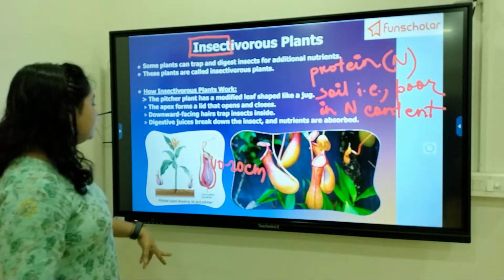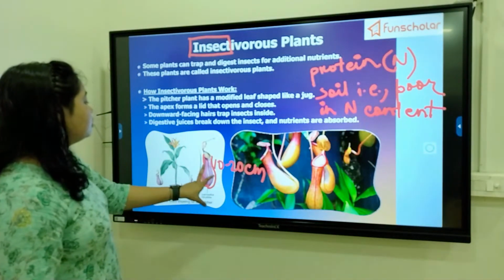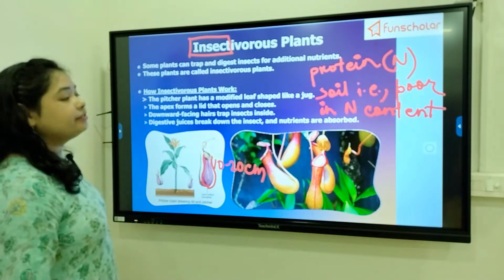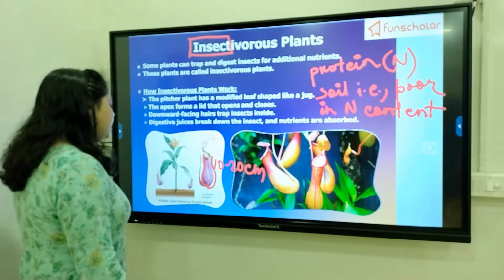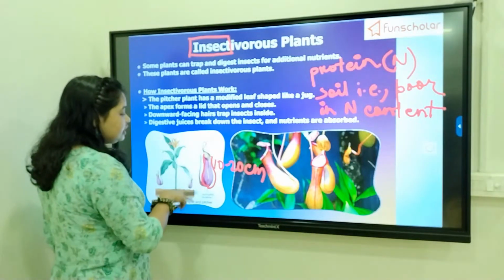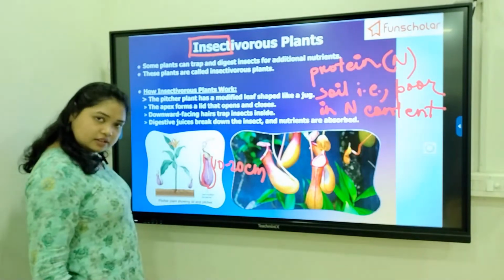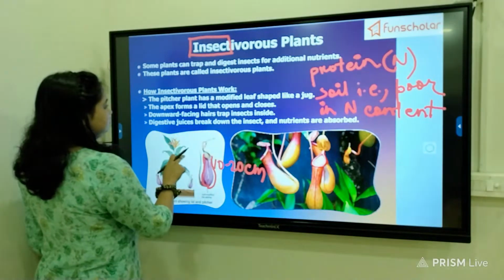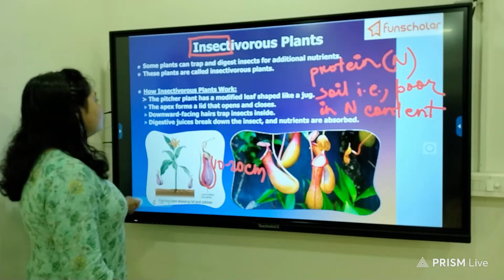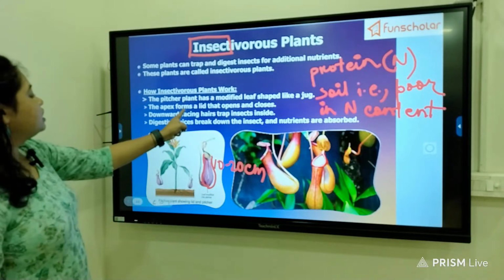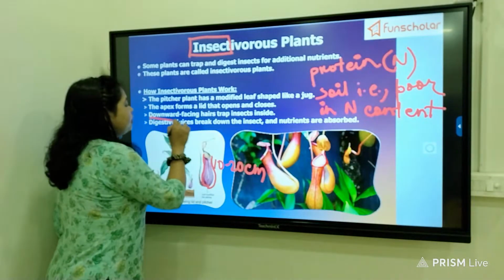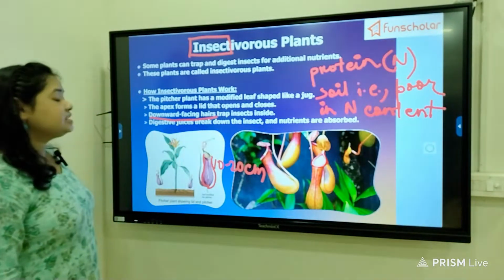Okay, and here the leaf is actually a modification of the leaf, an example of leaf modification. Here the leaf has been modified in the shape of this pitcher. Now it also has downward-facing hairs. What is the role of these hairs?